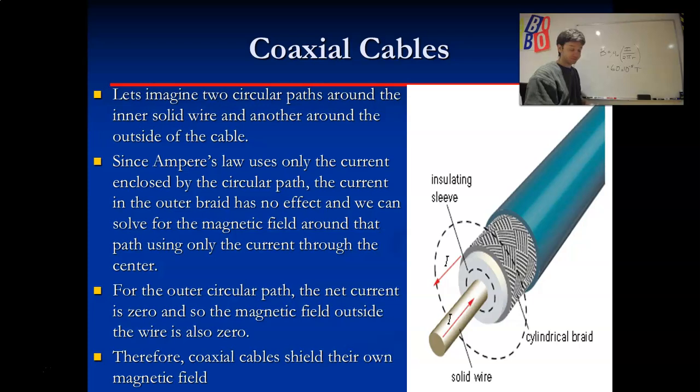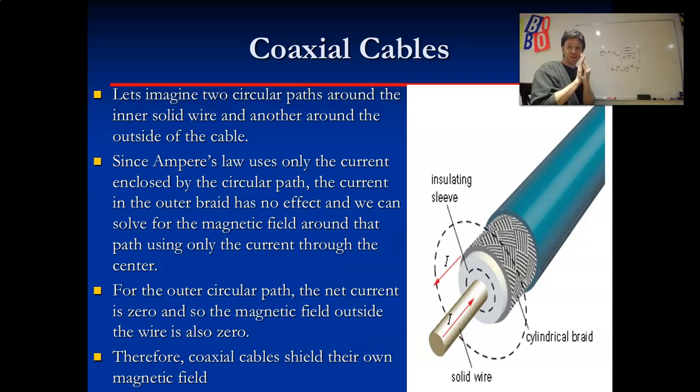Okay? Now there's an interesting application of this. It's called coaxial cables. If you have any straight wire next to another wire, the currents can be going in the same direction or in opposite directions, and they're going to have magnetic fields around those wires. And so those wires will interact due to their magnetic fields.